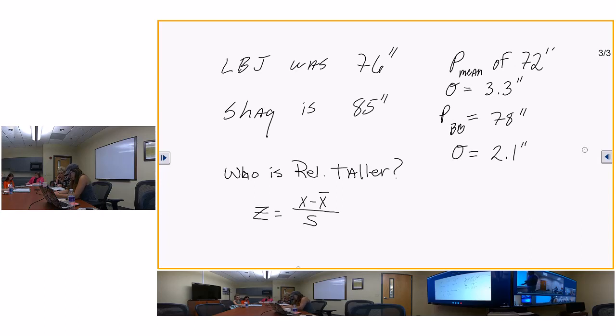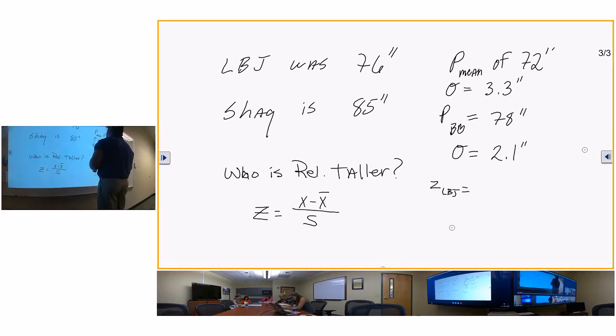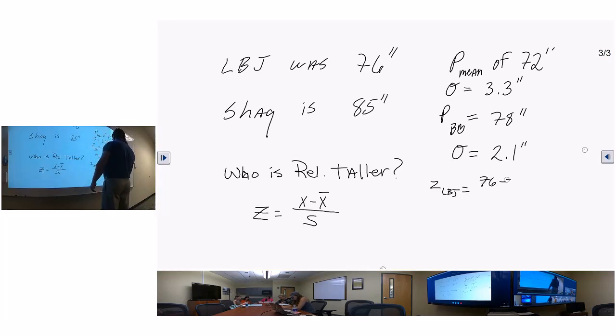Z-score for LBJ is equal to 76 minus 72 over 3.3. And what is it? 1.212.